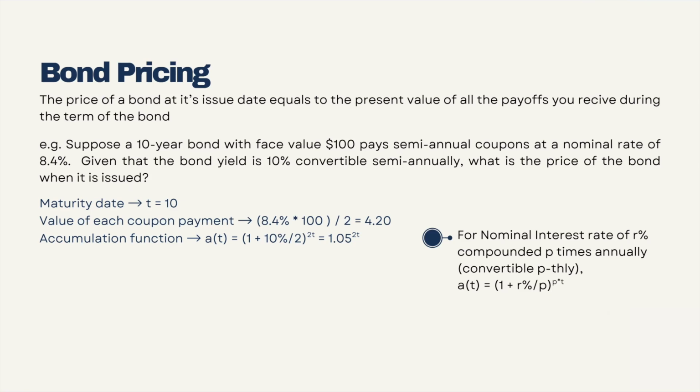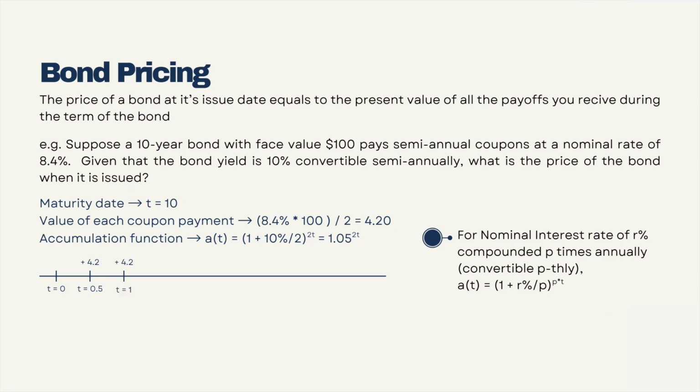To visualize the payoffs of this bond better, let's illustrate this in a cash flow diagram. So here, at time t equals 0, you receive nothing. At time t equals 0.5, which is your 6 months mark, you receive your very first coupon payment of 4.2.